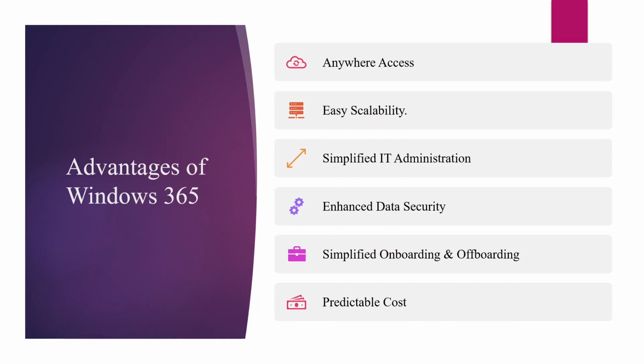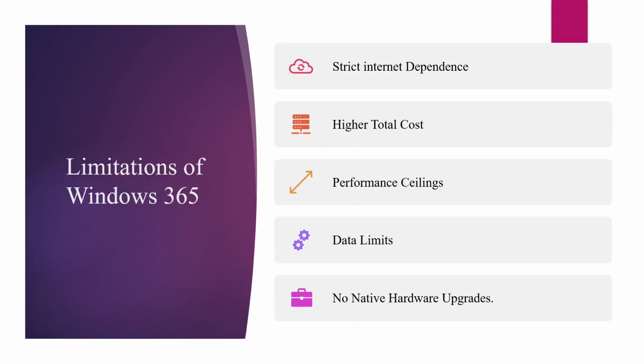Similar to the other services, Windows 365 also comes with a few limitations. The first and most important limitation is that Windows 365 or the cloud PC has a very strict internet dependency. Without a connection, no one can access the files, programs, or even the desktop. Latency issues can also arise.